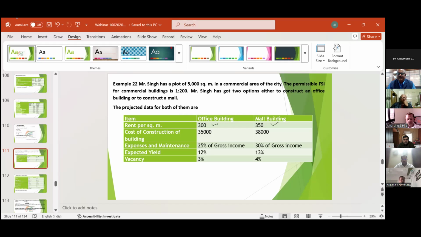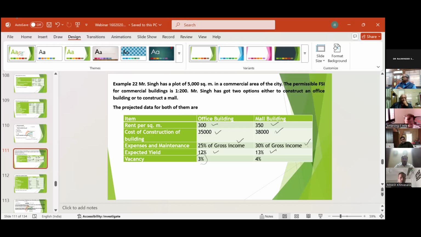Cost of construction in this case will be 35,000 per square meter, and for mall building it will be 38,000 per square meter. Expenses will be 25% of gross rent, and in mall building it will be 30% of gross income. Expected yield in case of office building is 12%, and in case of mall building is 13%.